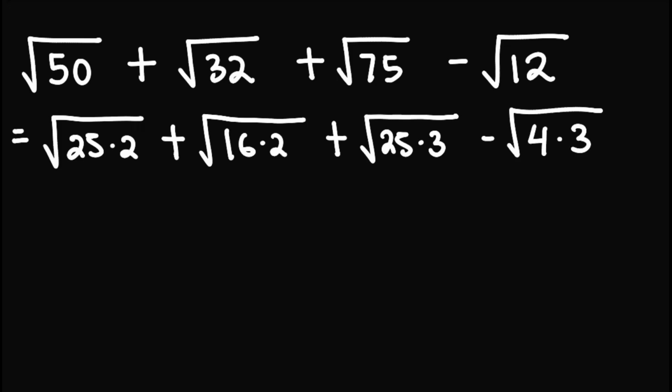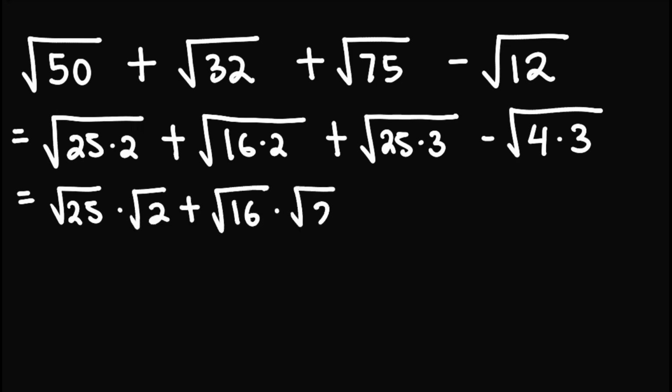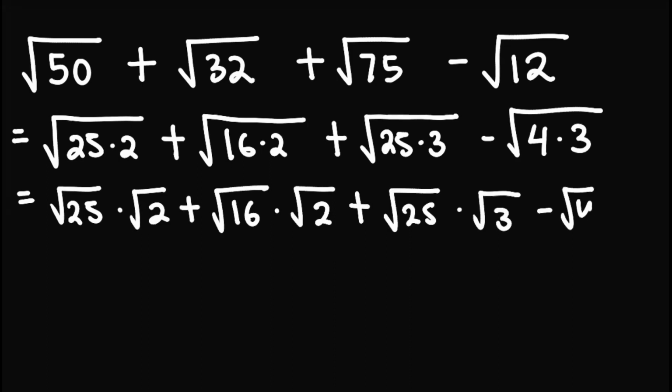By the second law of radicals, we can write this one as the square root of 25 times the square root of 2 plus square root of 16 times the square root of 2 plus the square root of 25 times the square root of 3 minus the square root of 4 times the square root of 3.